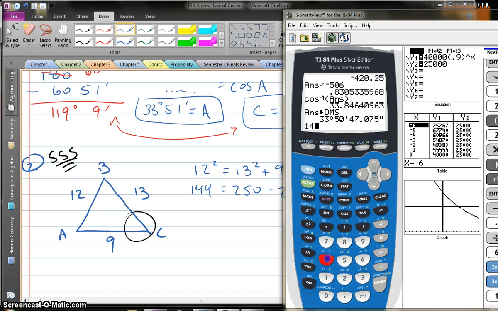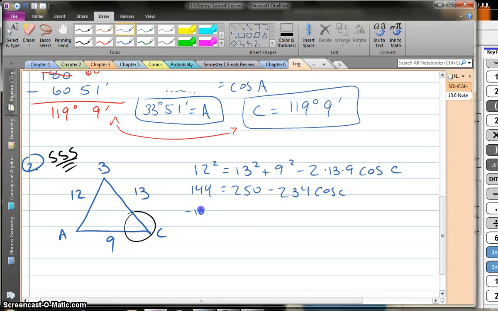So 144 minus 250 gives me negative 106 equals negative 234 times the cosine of angle C.